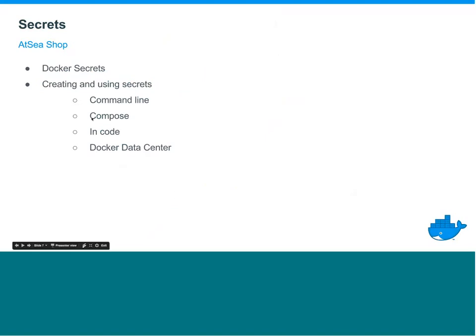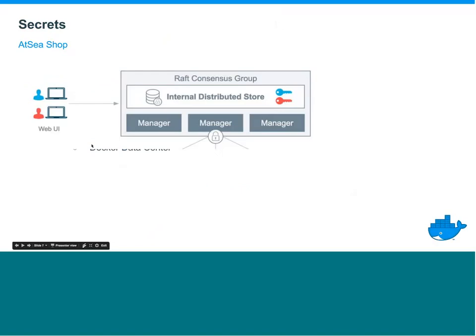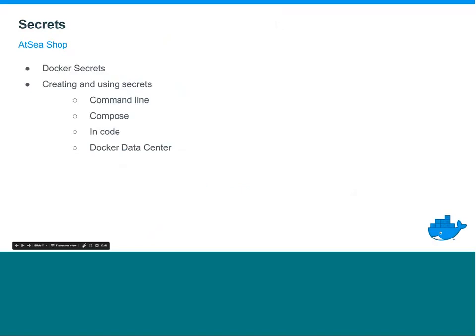We can specify them from a file and compose. I showed you where you can pick it up in code. And I have a blog post about creating secrets inside Docker Data Center. If you're using that, it should be out shortly next week as well. Basically, it's just going through the menus and adding secrets and adding them to the services themselves.